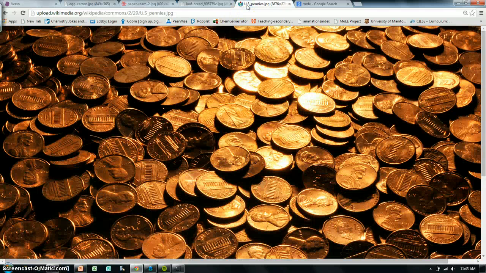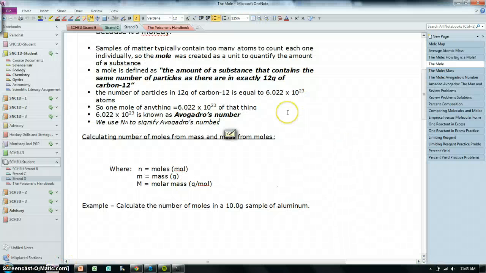We use the same idea with money. Okay, 100 pennies is $1. Why count in pennies? We can simplify and count in dollars. So what we do in science, okay, is use a mole to count molecules or atoms.